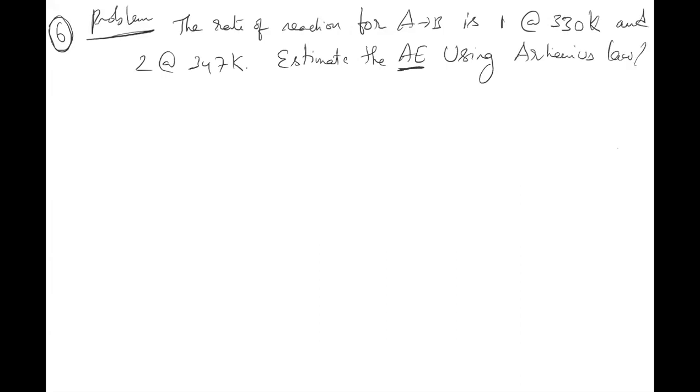So just take 1 minute and solve this problem. In case somebody has a doubt: the rate of reaction for A gives B is 1 at 337 Kelvin and 2 at 347 Kelvin. Estimate the activation energy, E, using Arrhenius law.